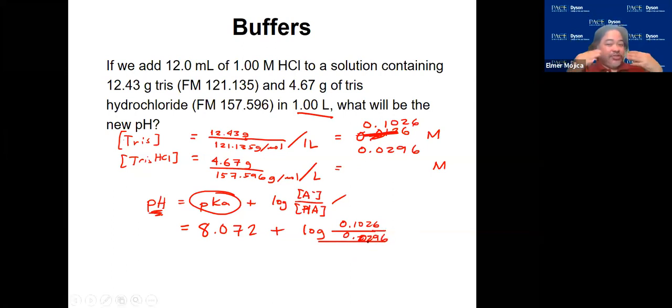So what we're doing here is just calculating first the buffer pH, not the main problem yet. Because you have to do it that way. So once you have this, you can now calculate the pH. So what's the initial pH of the buffer? Anyone? Because you need to do the calculation here.